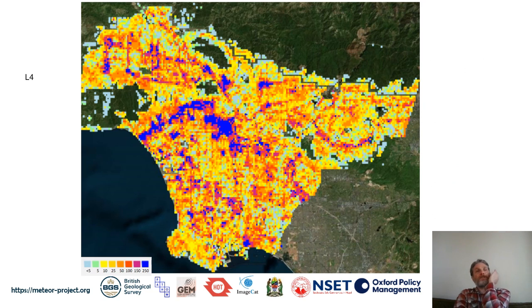So you can see this looks quite different than level 2 or level 3, in that there's higher highs and lower lows. It just does a better job at, in this case, capturing at the cell-based level where you've got green areas speckled throughout Los Angeles, and areas where there's a higher density of building footprints throughout Los Angeles.